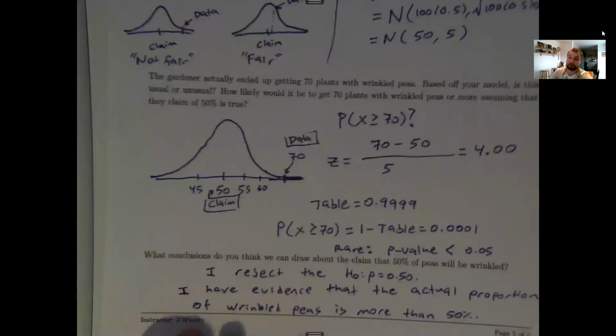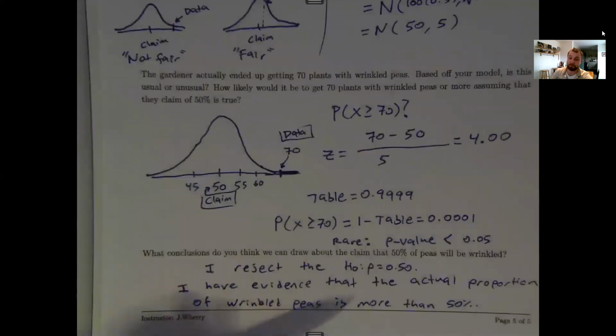Ultimately, being able to test claims and determine if something is fair or not fair is extraordinarily important to be able to do as consumers of research. So this is a monumentally important topic in statistics. In fact, in 244 courses, there are typically only two things that you do. You look at hypothesis tests and confidence intervals. So this is half of a very big picture of how to look at data.